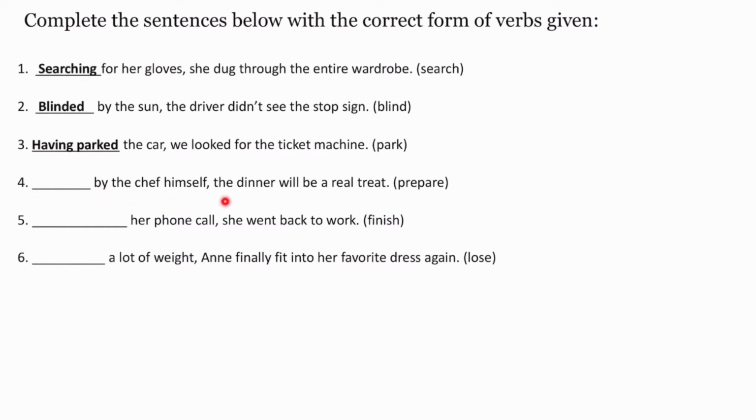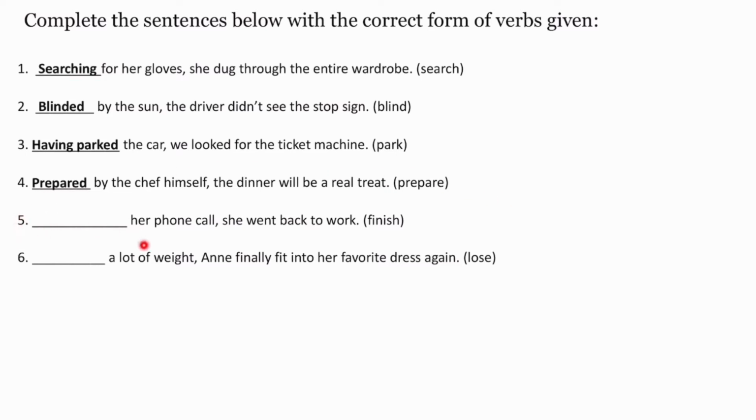By the chef himself, the dinner will be a real treat. This one I found a bit tricky, but if you take a closer look at the second one, you need more information as to why the dinner will be a real treat, so we're going to be using the past participle. So, prepared by the chef himself, the dinner will be a real treat.